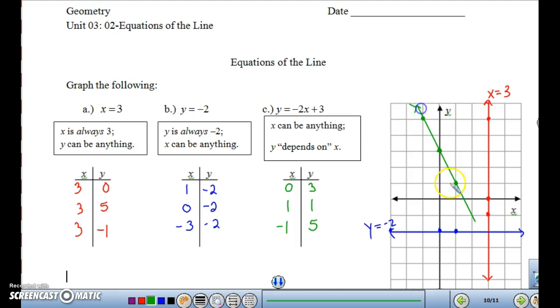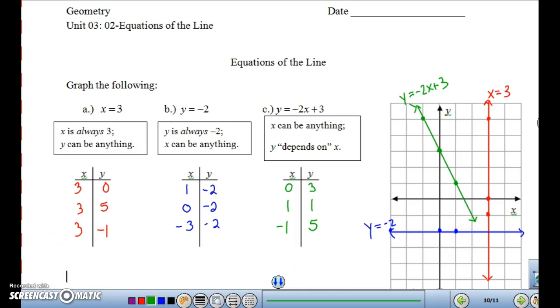Whatever x you have, your y will depend on that. It does not say specifically what x and y have to be. You have to figure that out. So you can see horizontal lines have the same y, vertical lines have the same x, and y equals -2x plus 3: x and y depend on each other in order to graph a line.